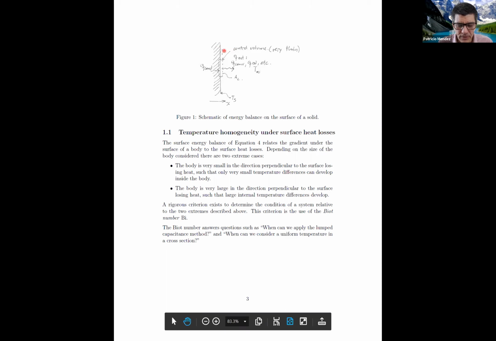If we make this control volume just over the surface, and it's very thin, some interesting things happen. In this control volume, we capture a chunk of surface, or all the surface if the temperature is uniform on that surface, but the thickness of this is infinitesimal. It's a differential control volume.